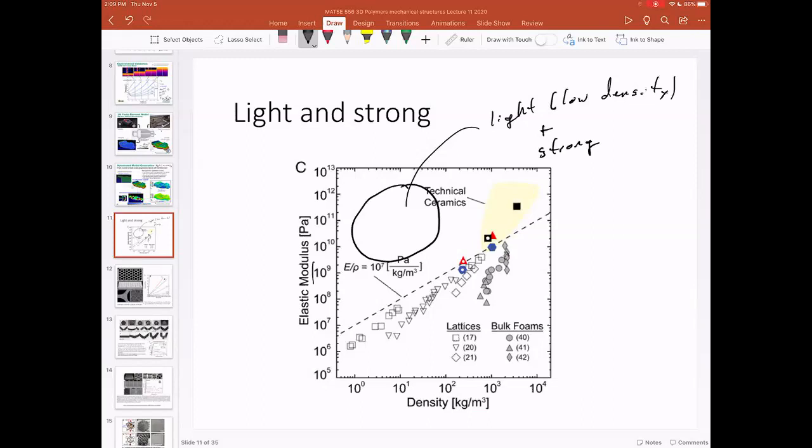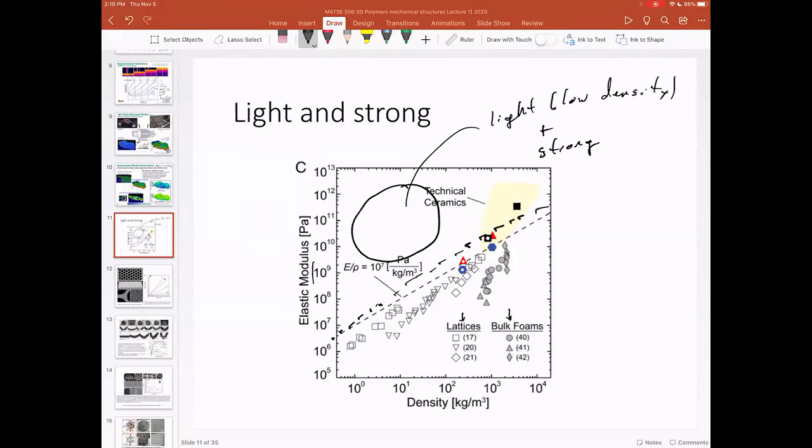So this is what we might call an Ashby type plot, where you'd really like materials that are up in this quadrant, but there seems to be some sort of relationship on the diagonal here, and this goes up and down depending on what the material is. But it turns out that lots of things that are foams or lattices tend to lie along this limit. And so that's an important learning if you're going to design structures.